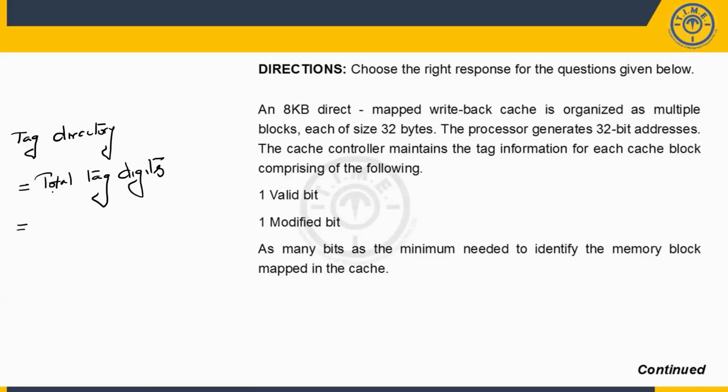How do we calculate how many tags we'll have in a system? Equal to the number of blocks. So remember this: number of tags in the system is equal to the number of blocks. For every block, there is a tag.